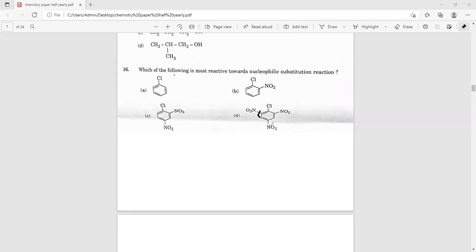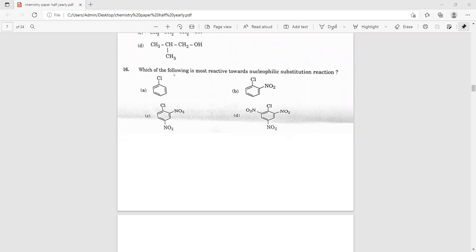The bond between C and Cl becomes weak because of this electron withdrawing group. Hence the answer is D.